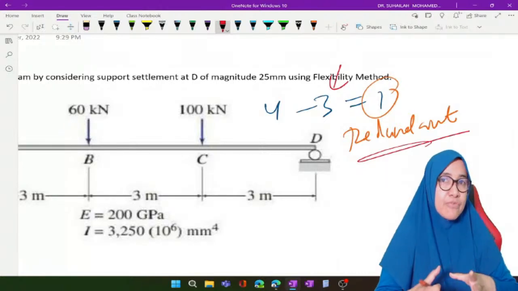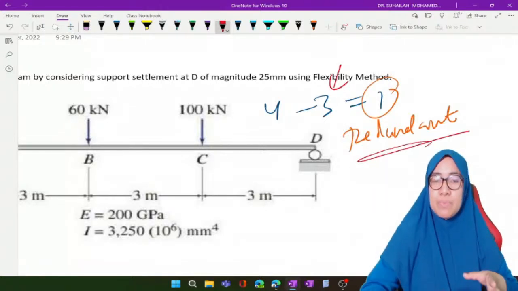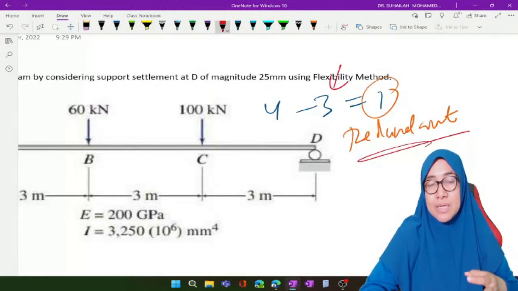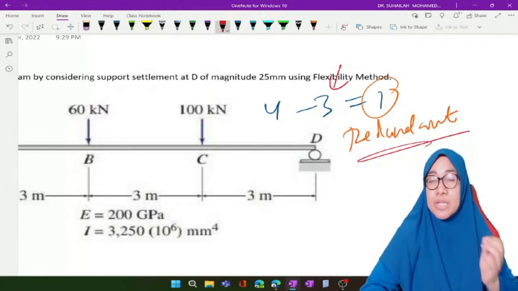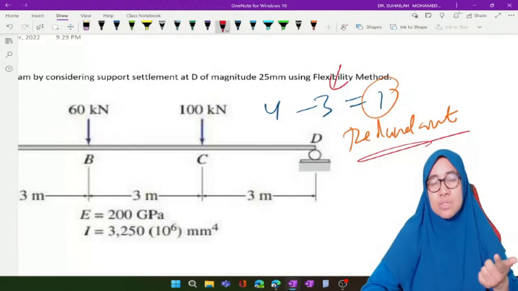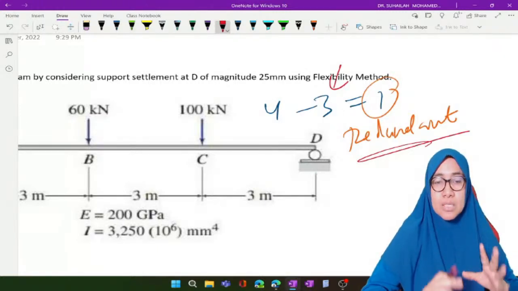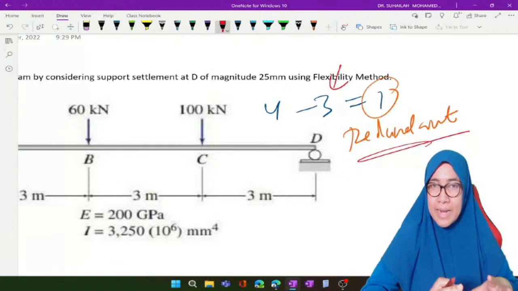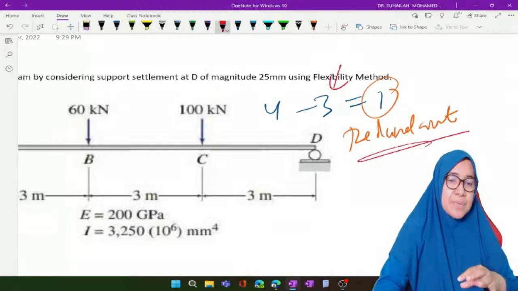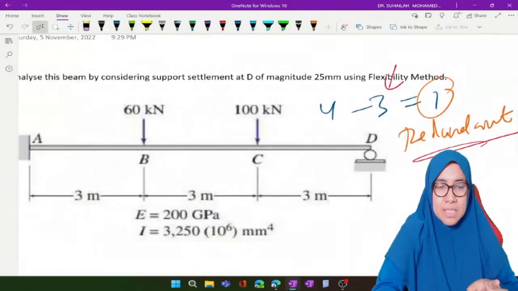If we have the redundant value, we should be able to determine the three remaining unknown reactions using three equilibrium equations: total moment is equal to 0, total Fx is equal to 0, total Fy is equal to 0. That is the concept of the flexibility method. Basically, this is the degree of indeterminacy, which represents the number of redundants in the system.